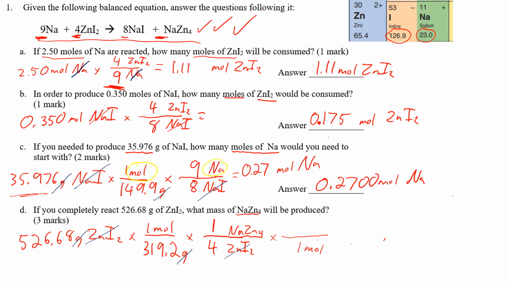I want grams, the mass of NaZn4. So I need to find the molar mass of NaZn4. So zinc is 65.4. I times that by 4. And then I have to plus 23. And my molar mass is 284.6.